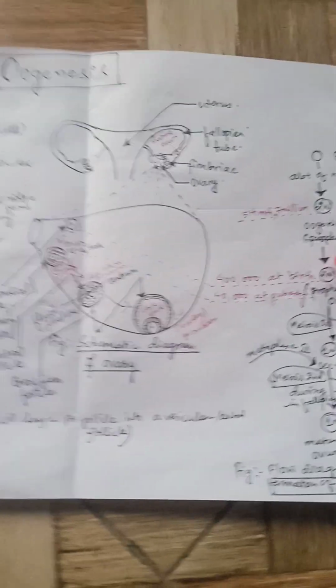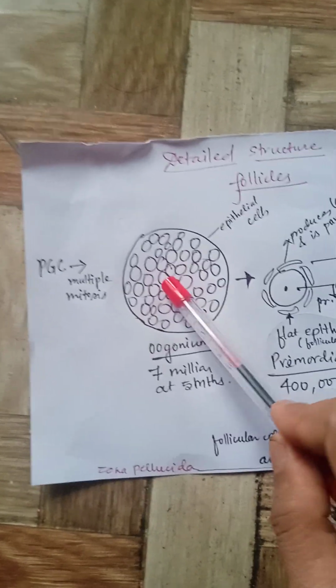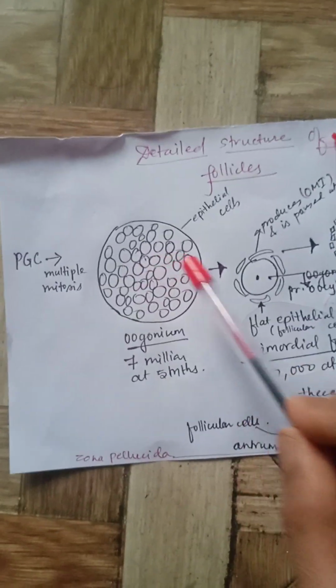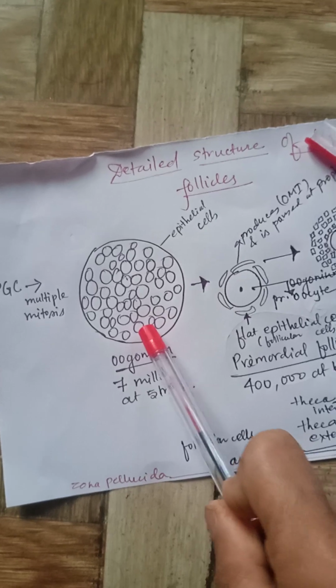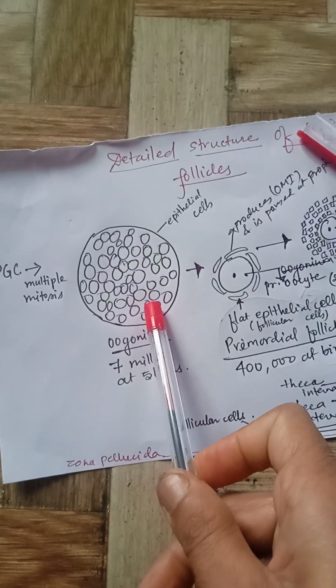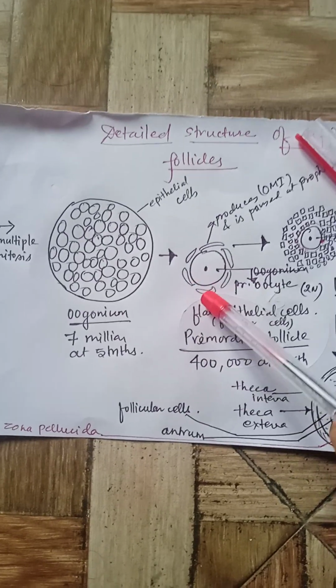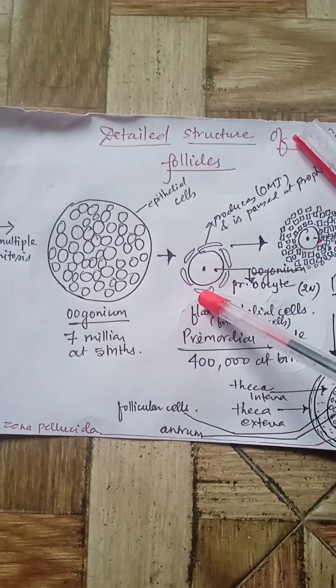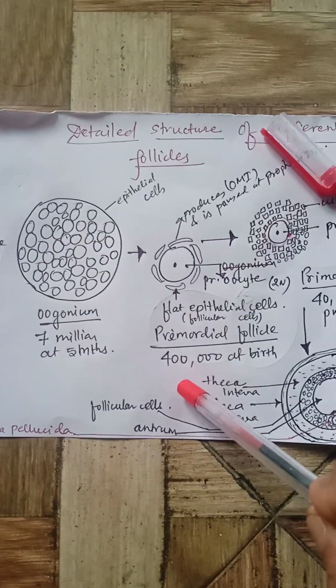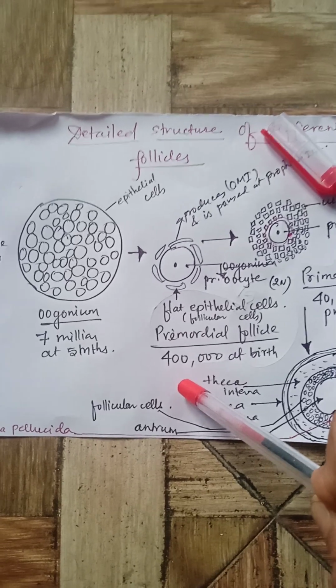So let us see how it happens in the next diagram. Previously we had the primordial germ cell, and then we had oogonium inside the ovary, scattered throughout it. As the child moves towards birth, it is born with 400,000 primary oocytes.